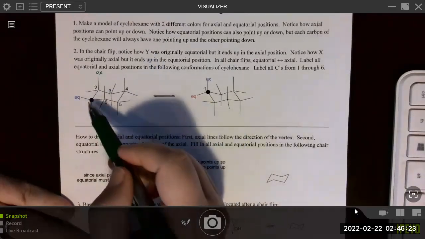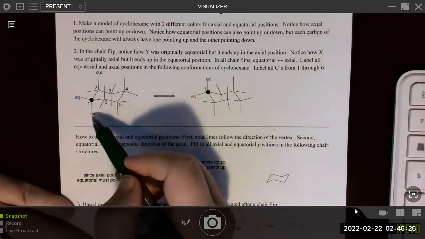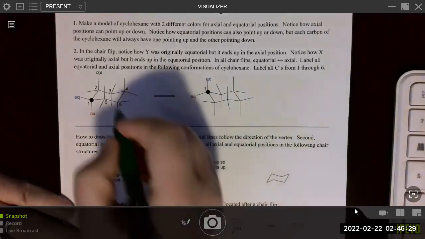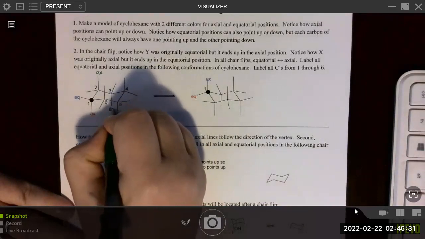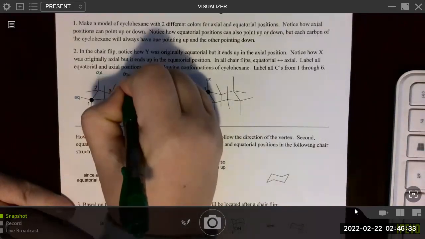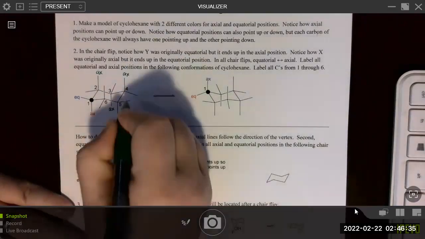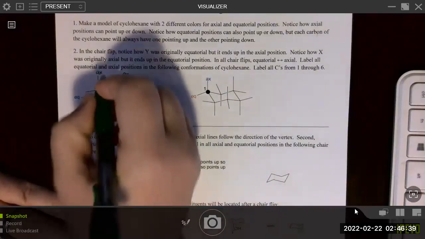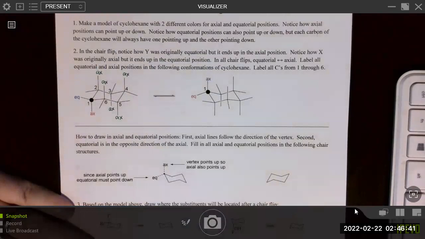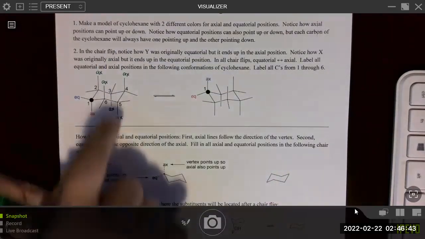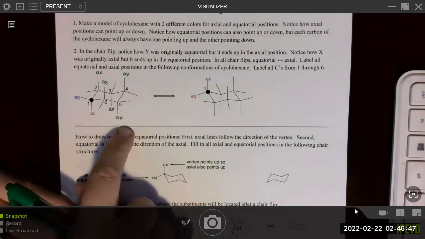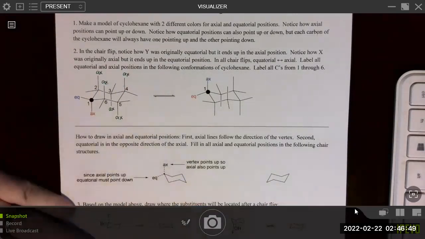So we'll go from carbon number 1, where axial was straight down, carbon number 2, where axial is straight up, carbon number 3, the axial will be straight down, carbon number 4, straight up, carbon number 5, straight down, and then carbon number 6, straight up. So 3 of the axial positions will be straight up, and 3 will be straight down on opposite carbons.